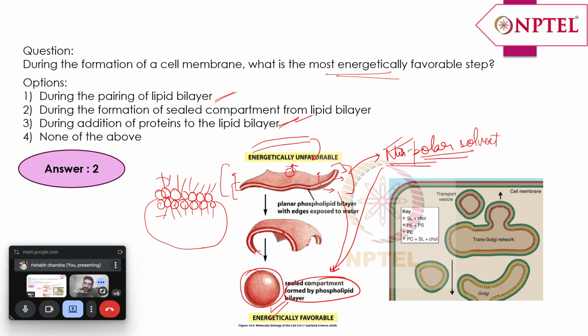The hydrophilic groups will try to save themselves from the non-polar environment, and the hydrophobic tails would protrude outside, so that the hydrophilic heads have the least interaction with the non-polar solvent. Okay, now it's clear. Any more doubts in this question?